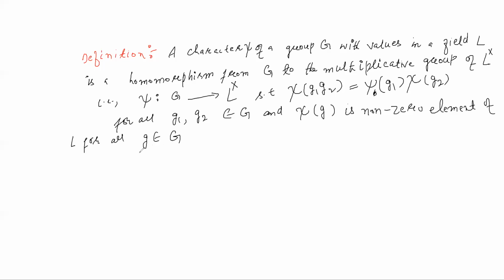So this chi is a mapping from G to L cross such that chi of g1 g2 is chi g1 times chi g2, and chi of g is non-zero for all g in G. If this condition is satisfied by this function chi, we call this chi a character of the group G with values in the field L.